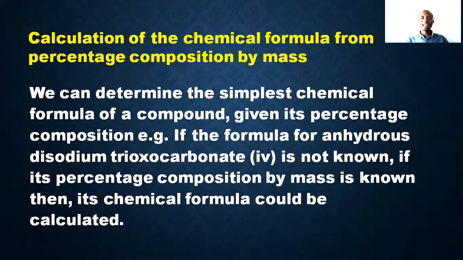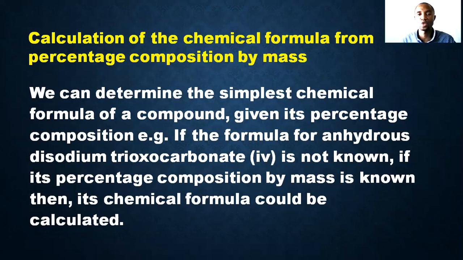If the formula of anhydrous disodium trioxocarbonate(IV) is not known, if its percentage composition by mass is known, then its chemical formula could be calculated. Generally, if you don't know the formula of a compound, but the percentage composition is given to you, you can get the formula.